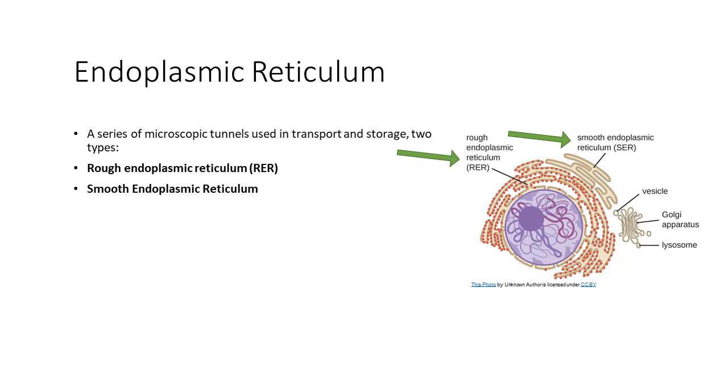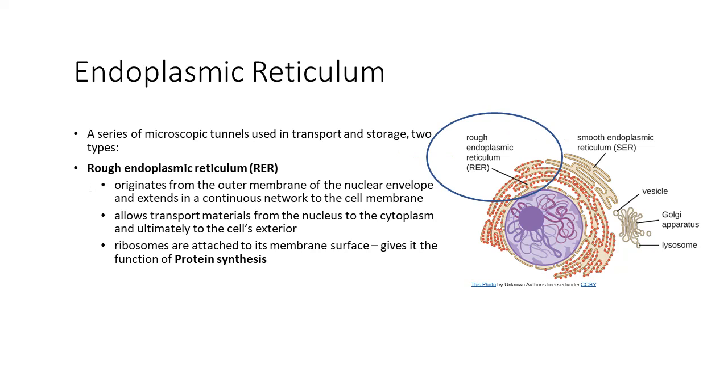Okay, so let's look a little bit here at that endoplasmic reticulum. Again, there are two different types. Here where you see the red dots, that is what we refer to as the rough ER, or the RER. The reason it's called rough is because microscopically it looks rough, and that's because on those surfaces are these little red dots known as ribosomes.